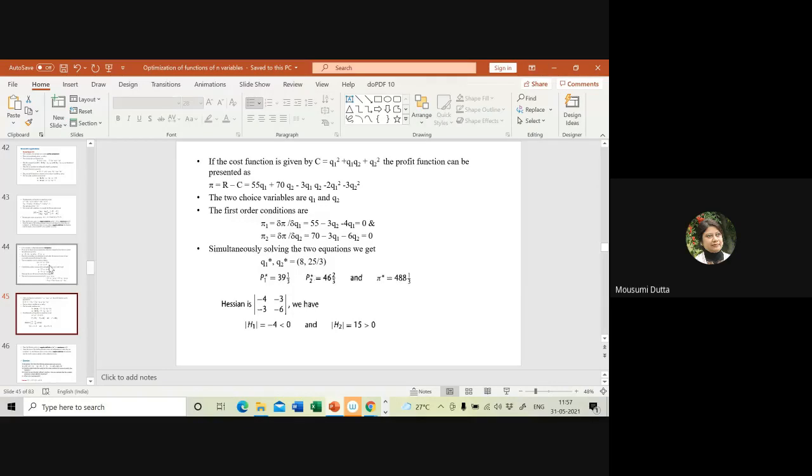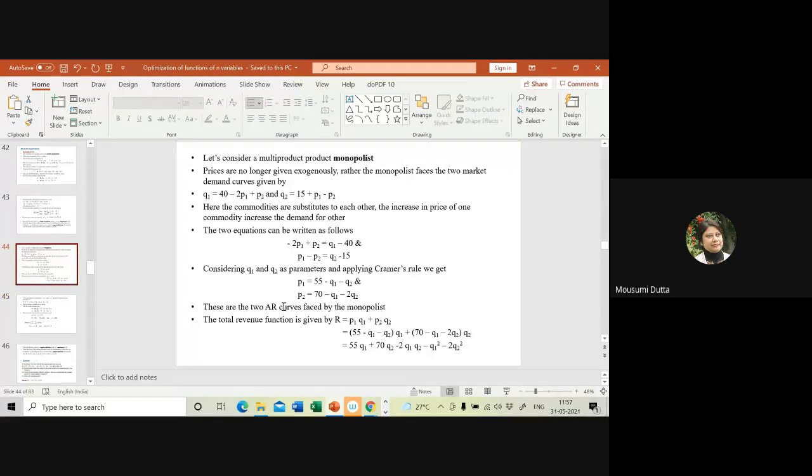Okay. So find out P1 star and P2 star using these two equations. I'm repeating, here you need to solve for prices because this is the monopoly context. Here the prices are functions of output.